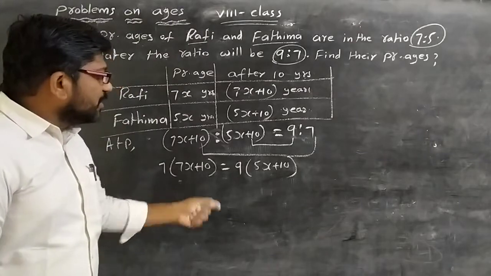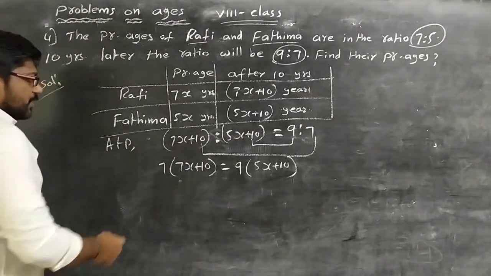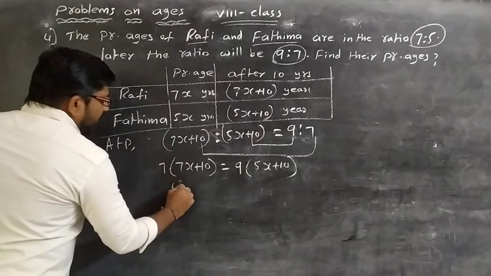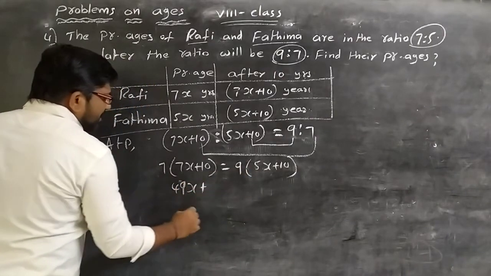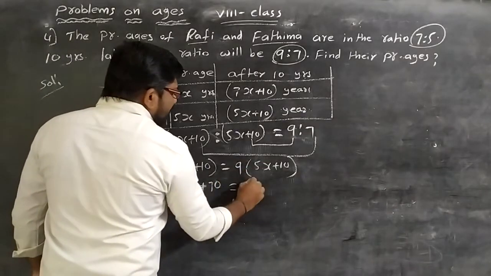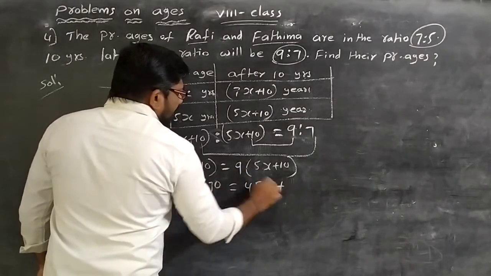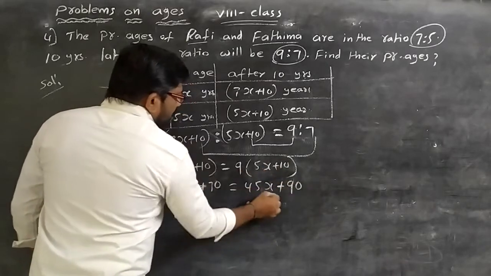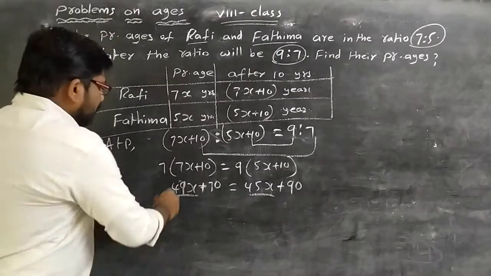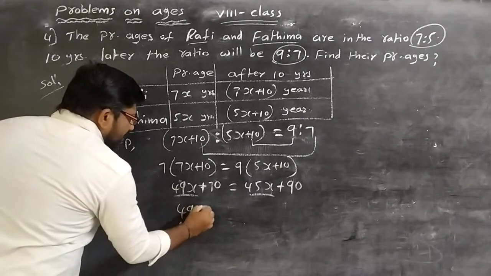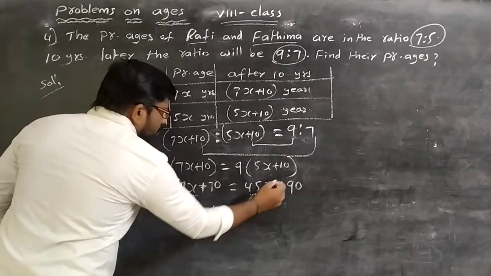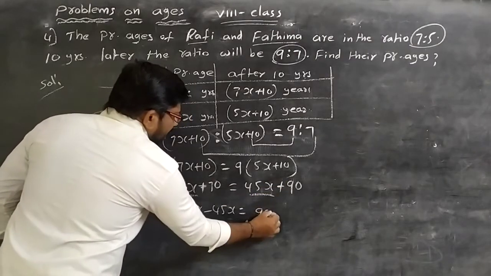By simplifying this we get the x value. Simplify according to the distributive law: 7 sevens are 49x plus 7 tens are 70, is equal to 9 fives are 45x plus 9 tens are 90. Now separate variables. Variables on the left side: 49x, take 45x to this side, minus 45x, is equal to 90.